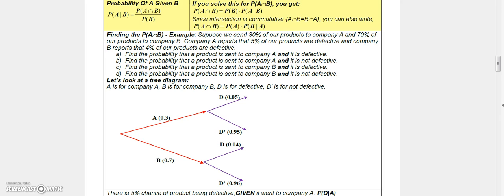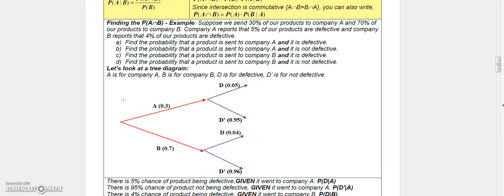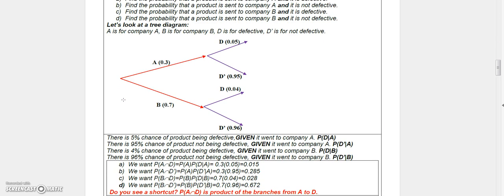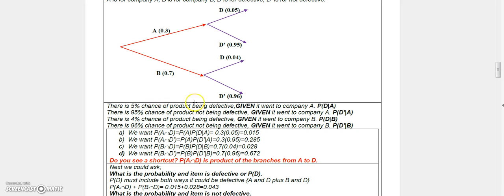So what I want to find is the probability of A intersect D. Then for company A and not defective, I'm looking for the probability of A intersect D prime. Likewise, I'm looking for the probability of B intersect D and B intersect D prime.